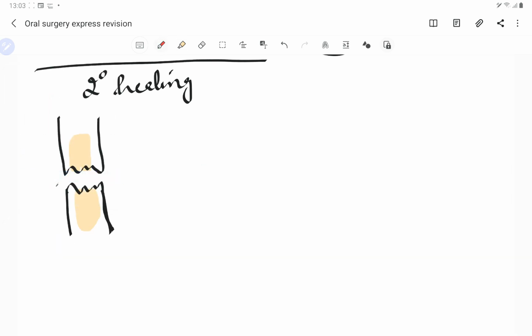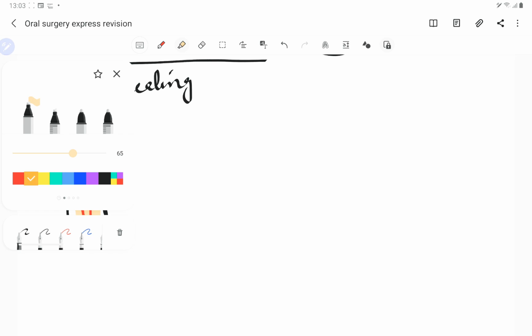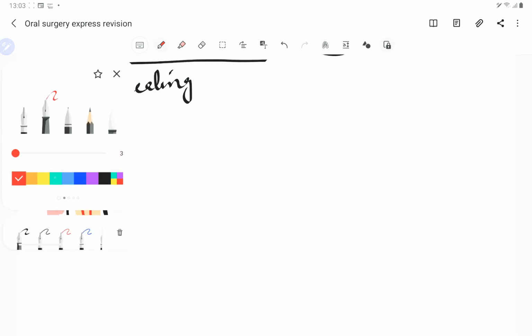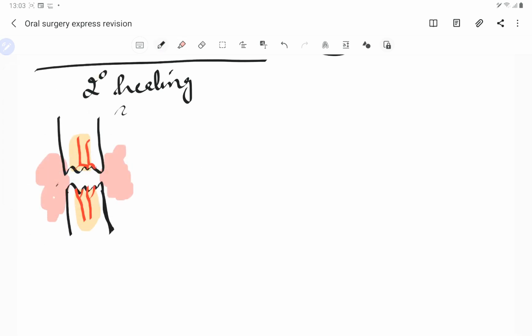All these blood vessels get ruptured during the fracture. Because of the rupture of the blood vessels, the blood starts accumulating here, and a hematoma is formed, which causes the swelling after the fracture.